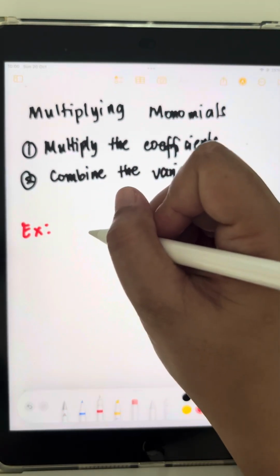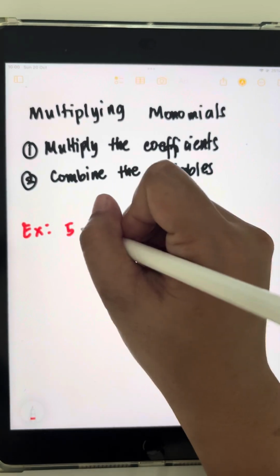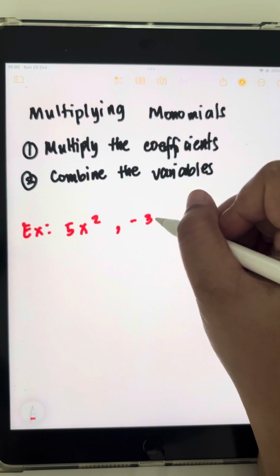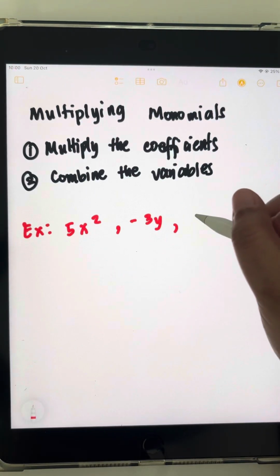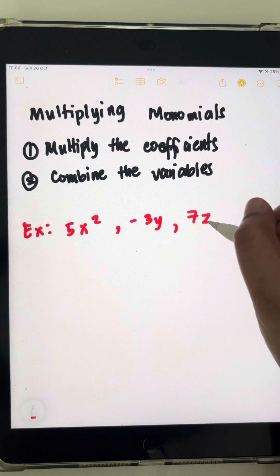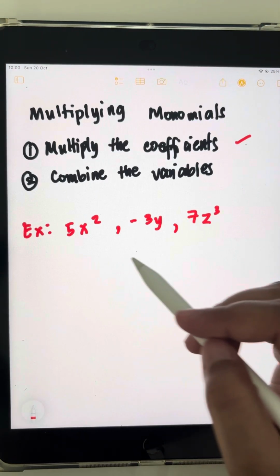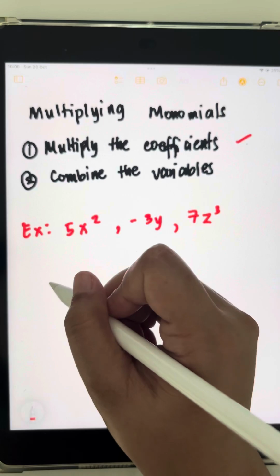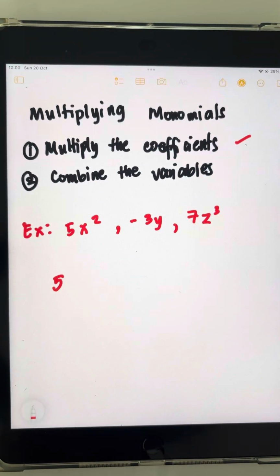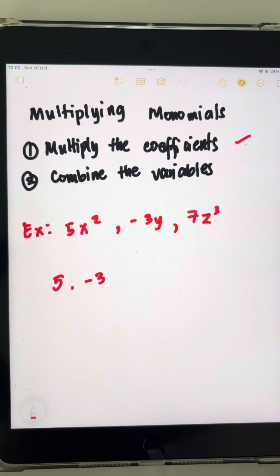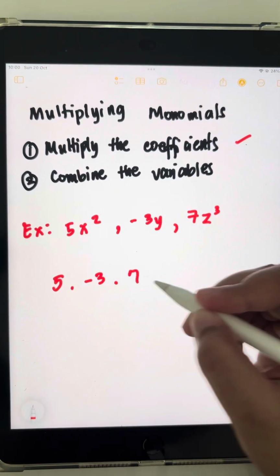So let's go to an example. 5x squared, and then let's say negative 3y, and 7z cubed. The first step is to multiply the coefficients. So we have 5 multiplied by negative 3, and multiplied by 7.